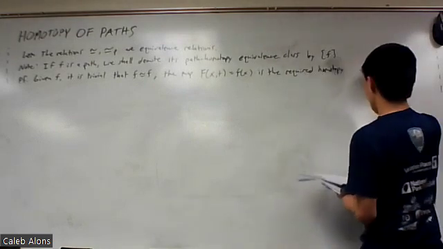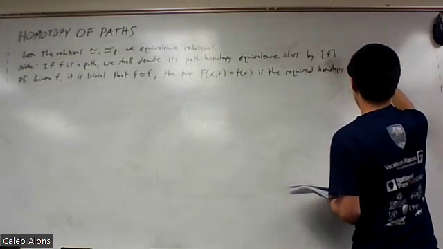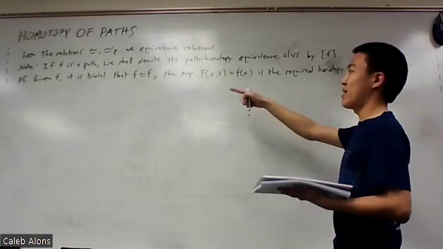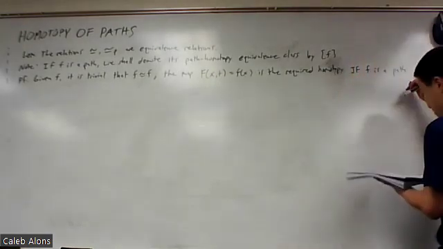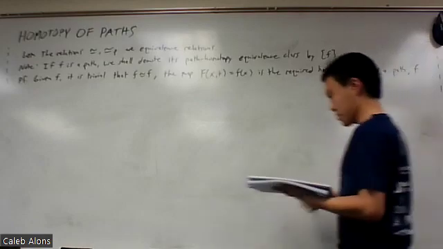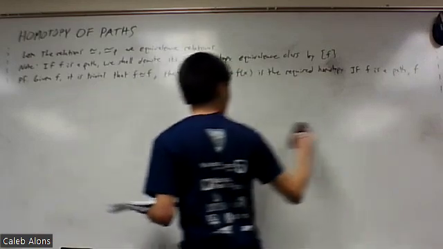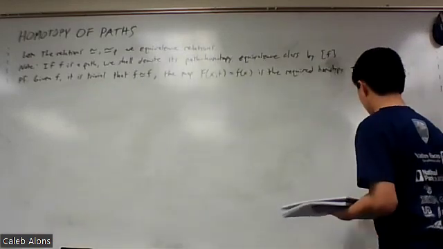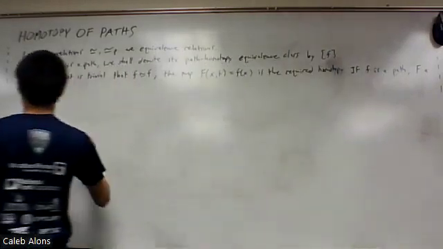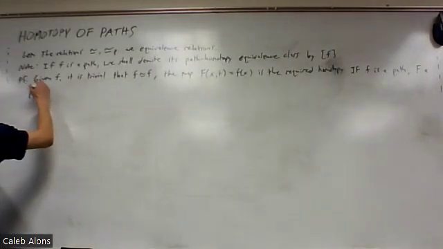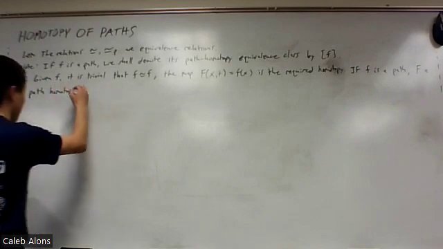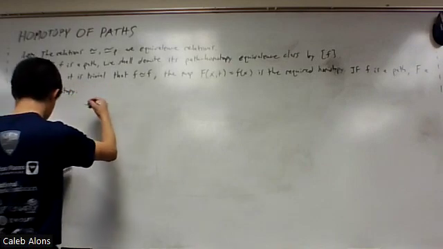And then if f is itself a path, because technically we don't require f actually to be a path at first, but if f is a path, then big F would become a homotopy from the same exact homotopy.